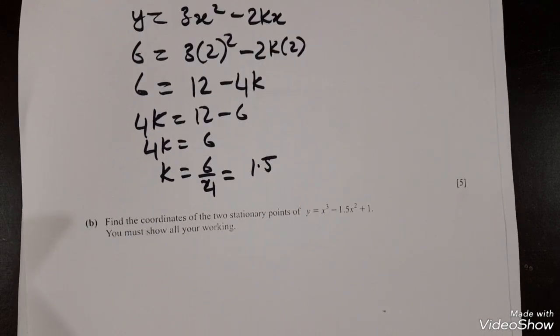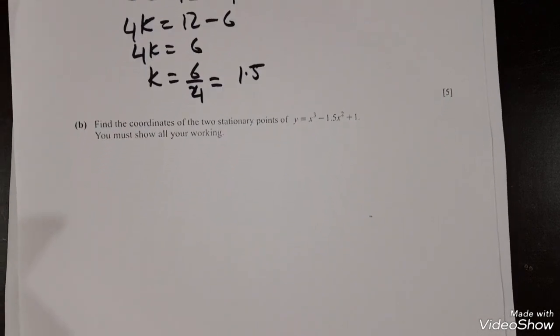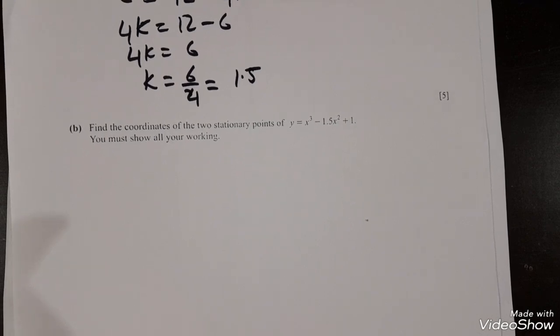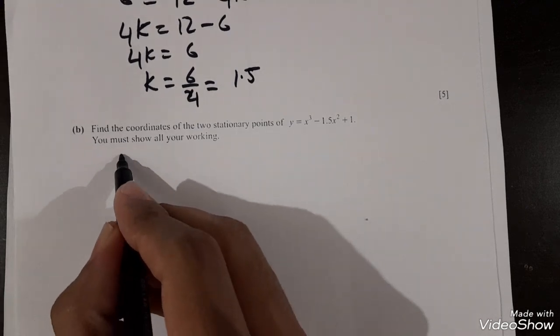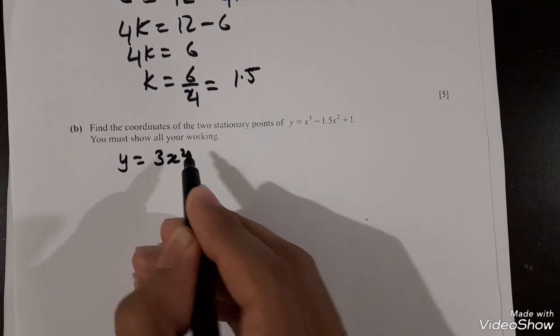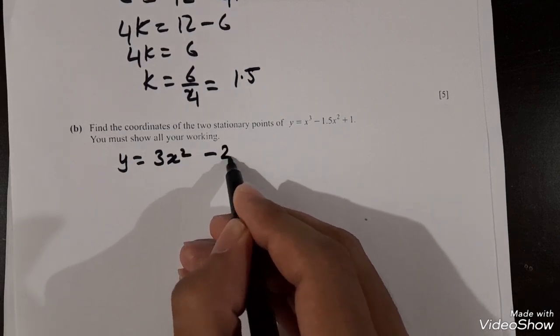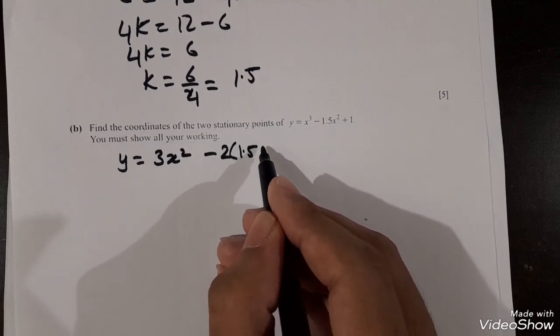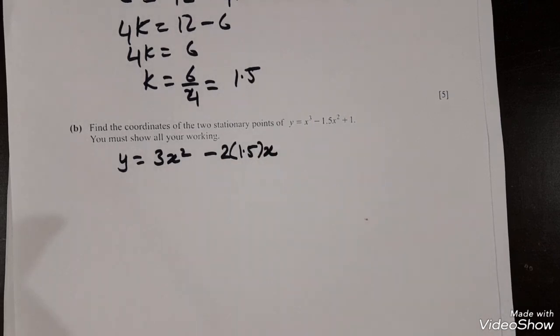Then part B states find the coordinates of the two stationary points of y is equal to x cubed minus 1.5 x squared plus 1. So what we will do is write dy/dx is equal to 3x squared minus 2 by 1.5 x.